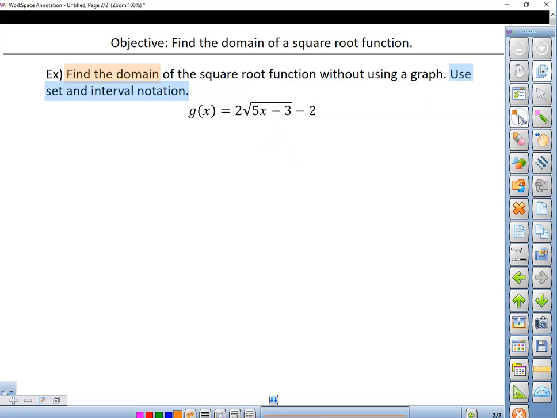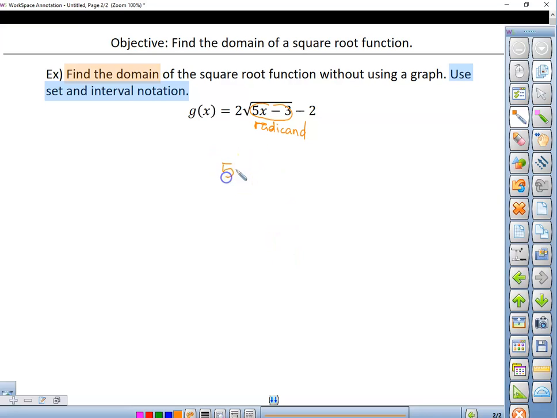So remember, when you're finding the domain of the square root function, the key thing is that we're choosing domain values so that the range will all be real numbers. And so we're looking at our radicand. That's what we are taking the square root of. That has to be non-negative.